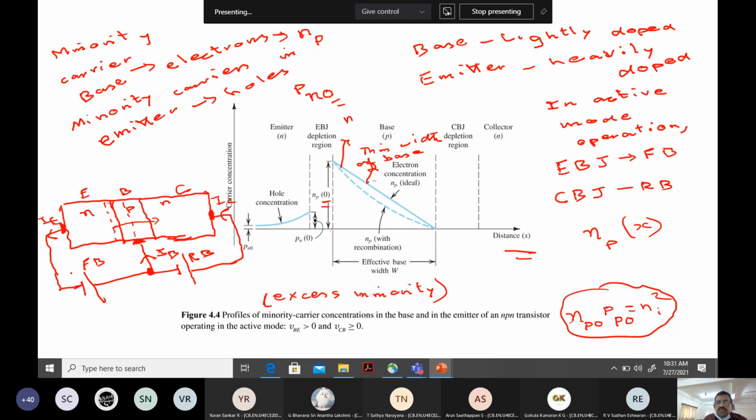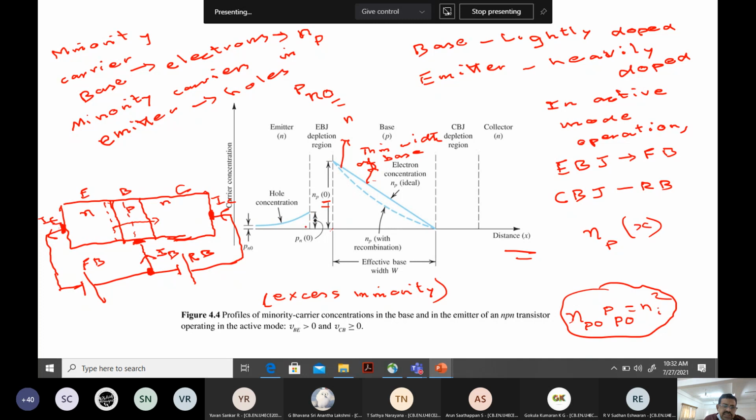Okay. So the depletion width will not be same. Depletion width will be different. So you have to understand that it will be extending to the lightly doped region more. Okay. So this is the depletion width edge in the vicinity of the base.